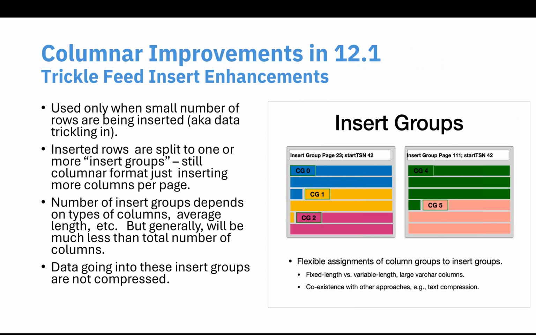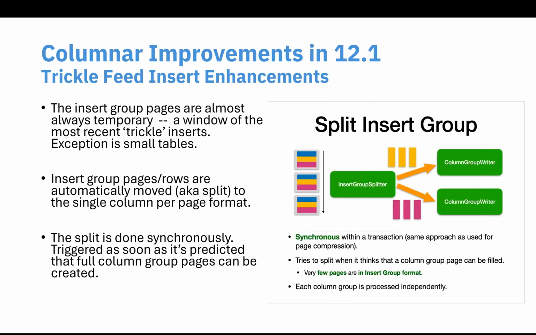But now you get basically a columnar form, but in fewer pages, and therefore you don't take the overhead that you would normally get on insert. But we only keep these column group pages, as we call them, around for a certain number of pages. So you get a certain amount of data, and then we will automatically split it in the background into full column group form, where you have a column group on each page.